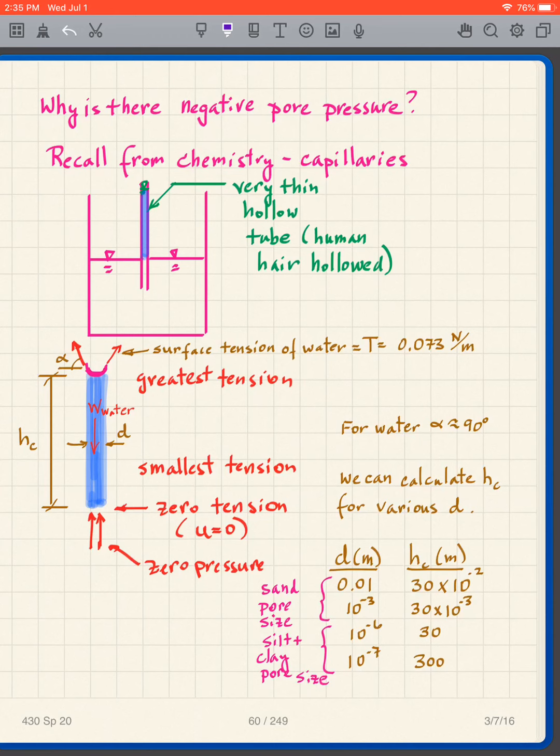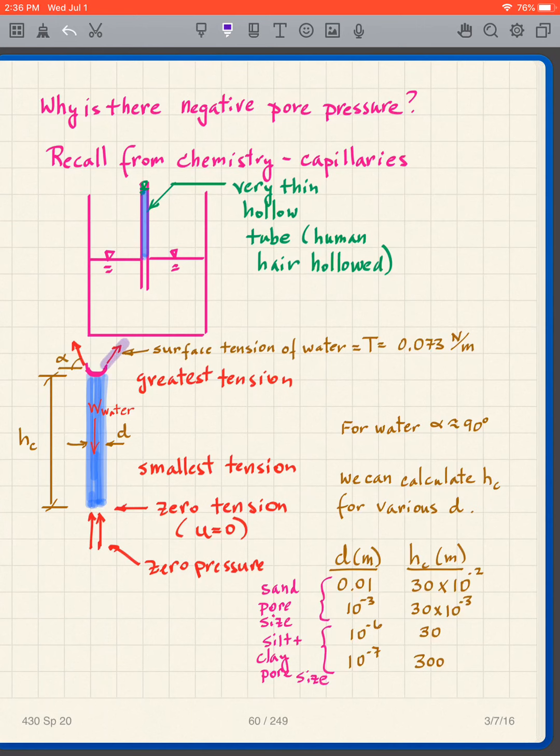And so here's my water. And what's acting on that water? Well, if you remember your chemistry, what do we have? We have a meniscus in that capillary tube. And why do we have a meniscus? Because we have surface tension. Surface tension.